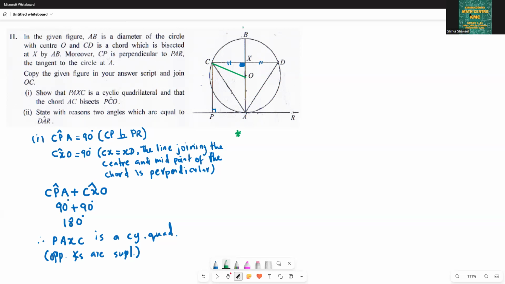So these two angles are equal. You have to prove it. That's why AC bisects. Bisecting means dividing into two equal parts.